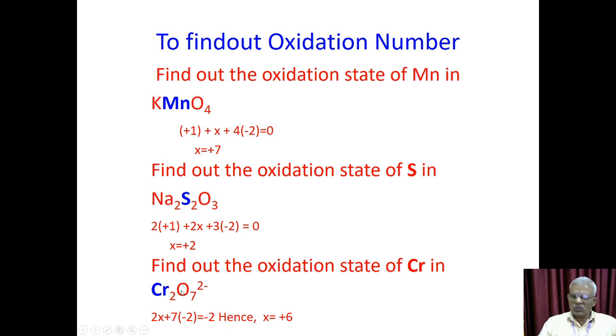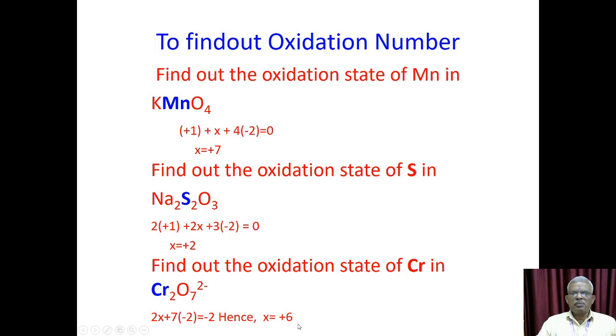Oxygen is an electronegative divalent element, so 2X plus 7 into minus 2, and the overall charge is minus 2, so it is equal to minus 2, not 0, right? So 2X plus 7 into minus 2 is equal to minus 2, hence X is equal to plus 6. So the oxidation state of chromium is plus 6.